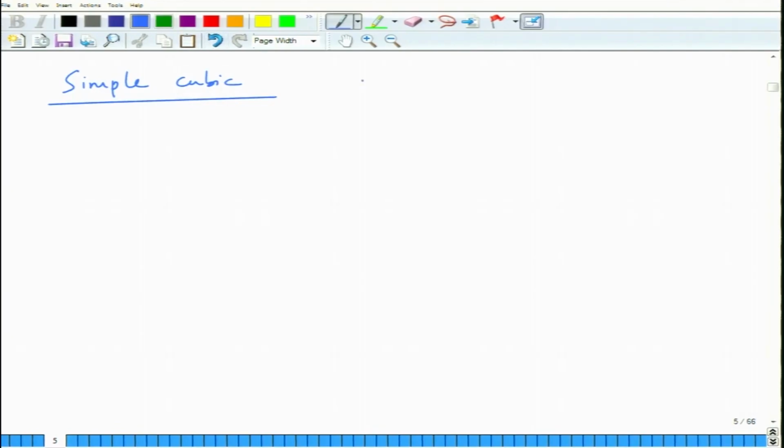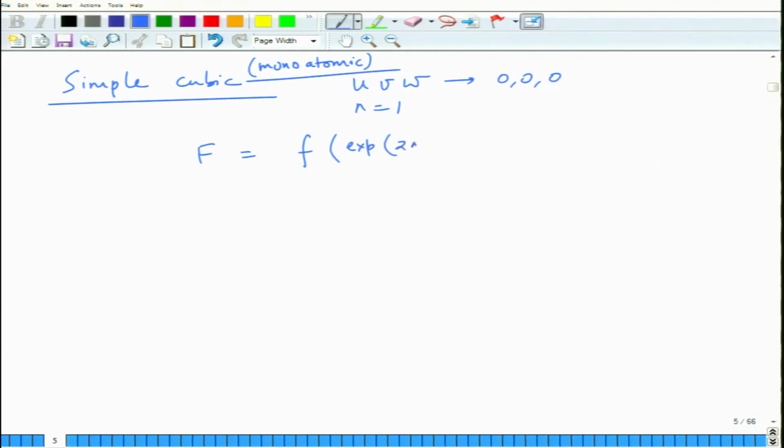So simple cubic, what is UVW? You have only one atom which is at 0, 0, 0, and your small n is equal to 1. So capital F is equal to small f, since it is monatomic, into exponential of 2 pi i (h·0 plus k·0 plus l·0). So you can't get any condition here, which means this factor is equal to 1.